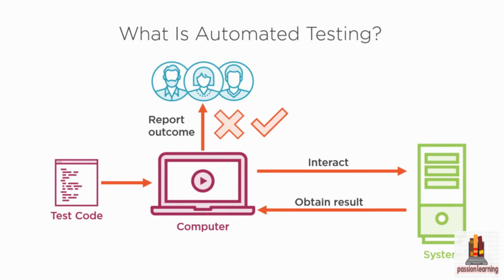This test code specifies how to create an instance of the system that we want to test, which interactions to perform against the system, and then the expected outcomes. Just as with our manual human testing, our automated tests can fail or they can pass, and the developer or the team can take appropriate actions based on the outcome of the automated tests.